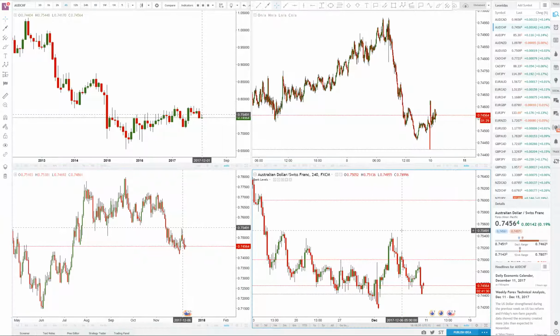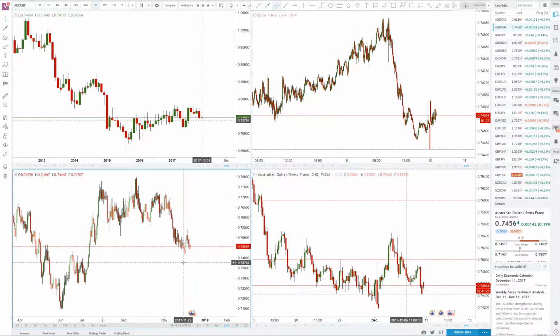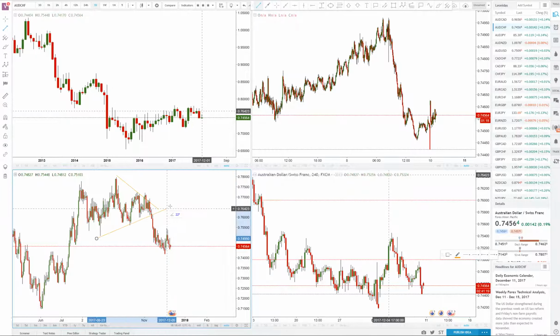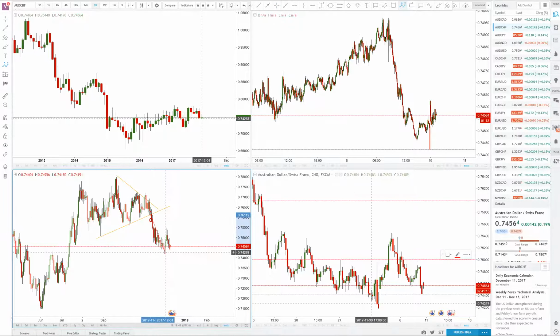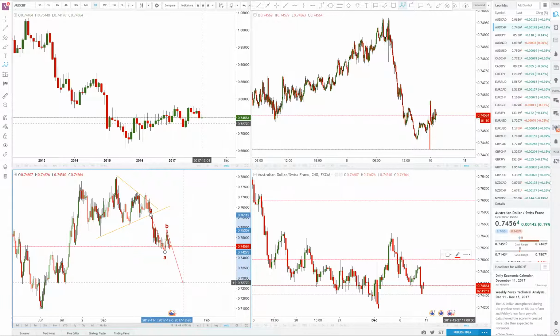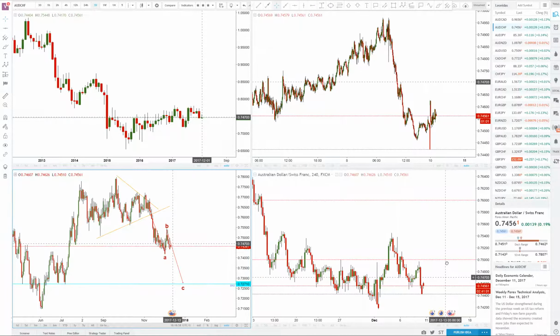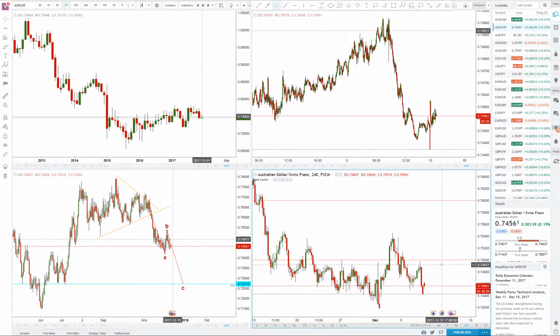All right, so we're saying it should go down, and what we have here is we broke this here, and now we're going A, B, C, like this, to this support, right? So just looking for a good entry to short. Easy stuff.